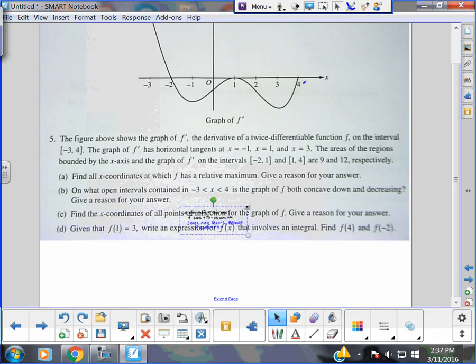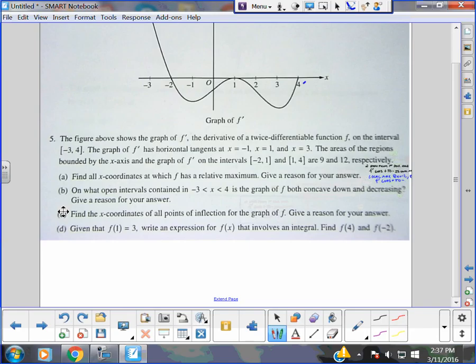Letter B. On what open intervals from -3 to 4 is the graph of f both concave down and decreasing? The first thing I would do is write decreasing. A decreasing function means f prime is less than 0.